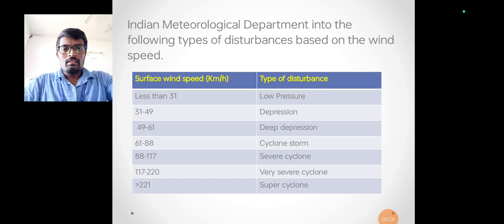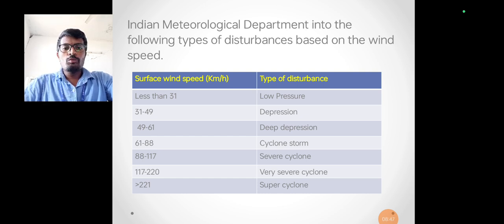If the surface wind speed lies between 49 to 61 kilometers per hour, the type of disturbance is deep depression. If the surface wind lies between 61 to 88 km per hour, the type of disturbance is cyclone storm.